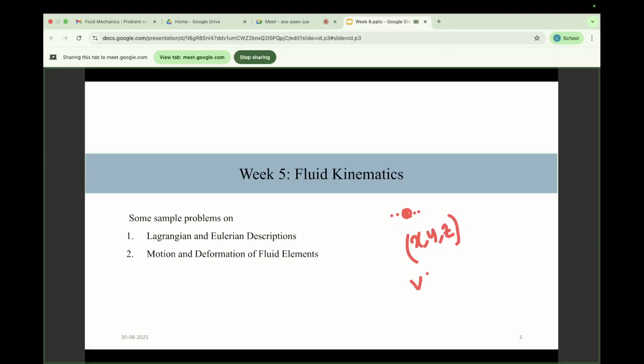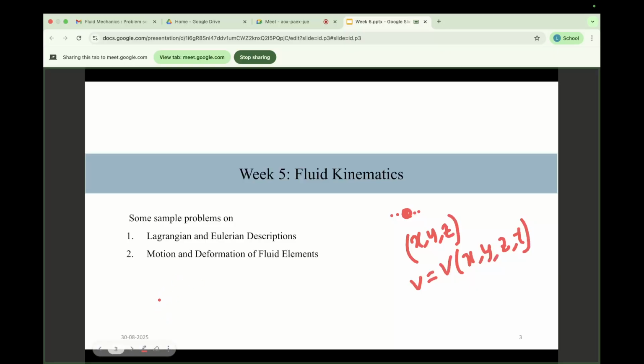So the velocity should be a function of x, y, z and t, right? In the previous case, we initially described the position of the particle and then found the velocity. But here we have to deal with velocity, pressure, density over time.